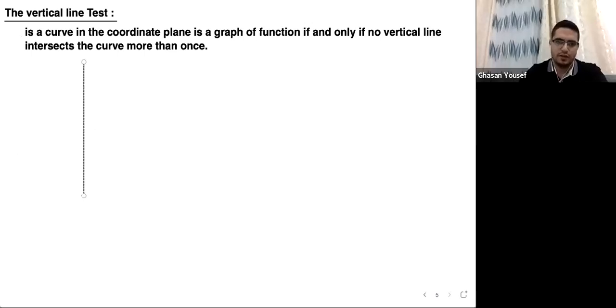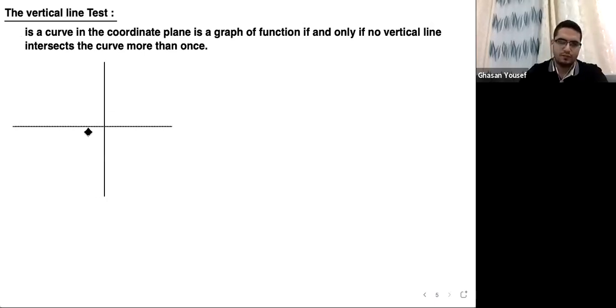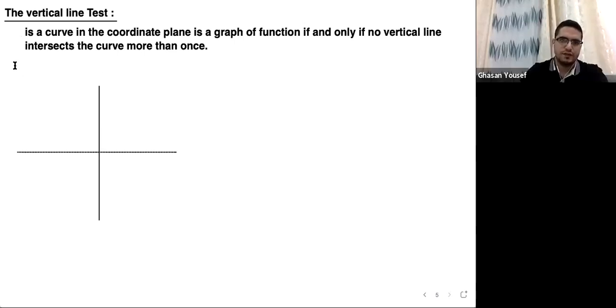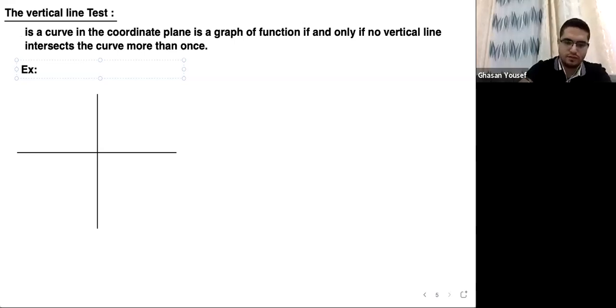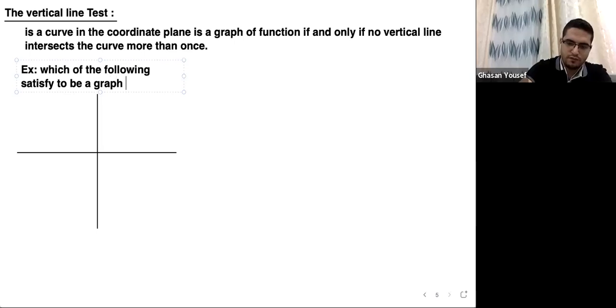I'm going to explain that by example. Which of the following satisfies being a graph of a function?